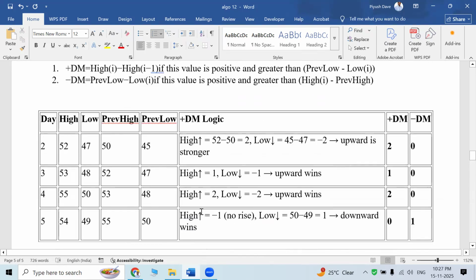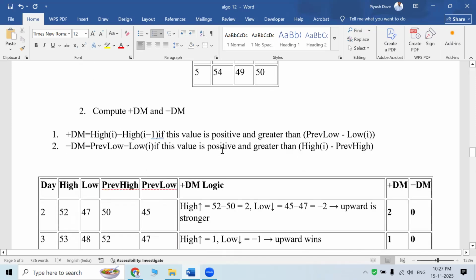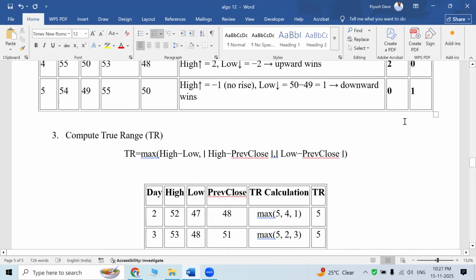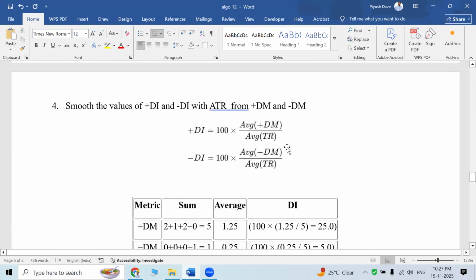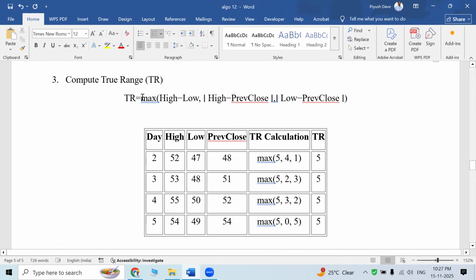I am going to explain the mathematics one more time. Open, high, low, close from the candle. From that, we are going to calculate the DM, plus DM and minus DM. From plus DM and minus DM, we want DI. So for DI, we want ATR also, that is average true range.